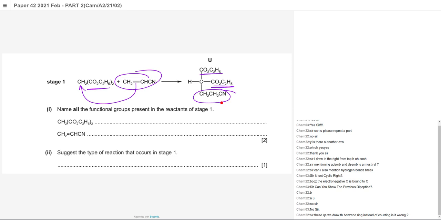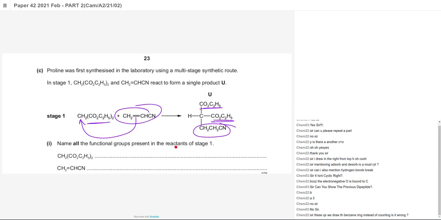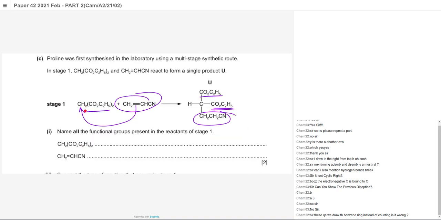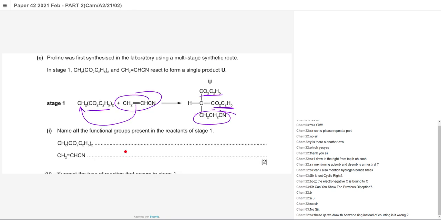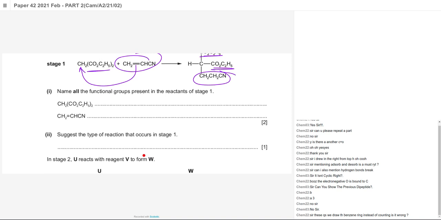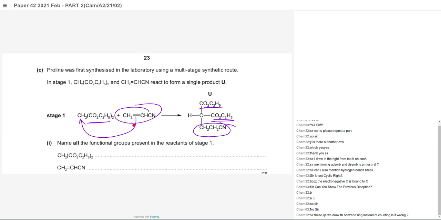Name all the functional groups present in the reactants in stage 1. You have the ester functional group here. You have the nitrile functional group here, and the carbon-carbon double bond functional group. So you have the ester, nitrile, and C=C double bond. Now the type of reaction that occurs in stage 1.